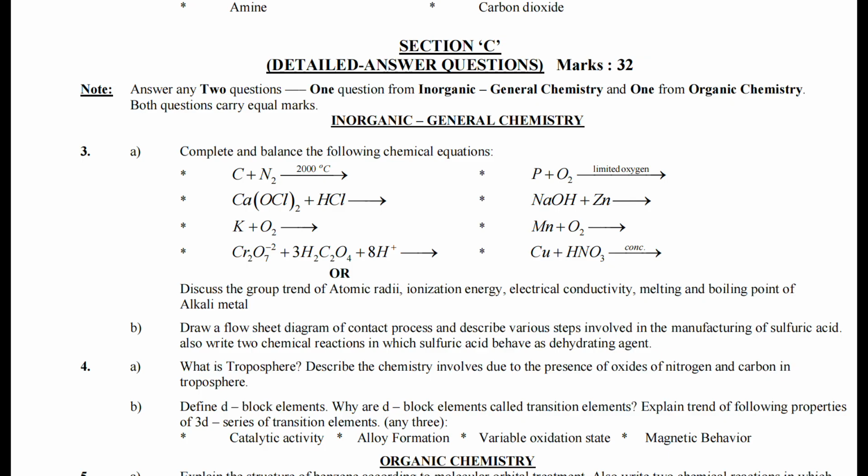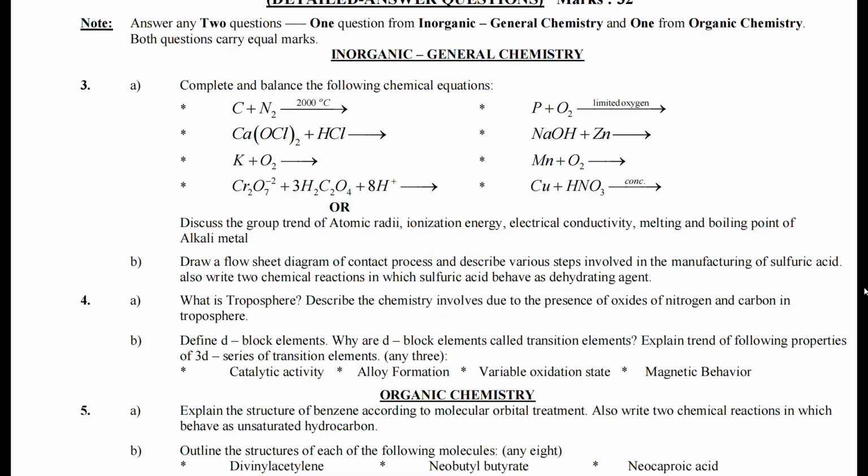Similarly, for organic chemistry, question number 5A carries 8 marks and question 5B also carries 8 marks, which makes a total of 16 marks. 16 plus 16 becomes 32. So you have parts A and B, combined 16 marks, and you attempt two detailed questions, so it becomes 32 marks.